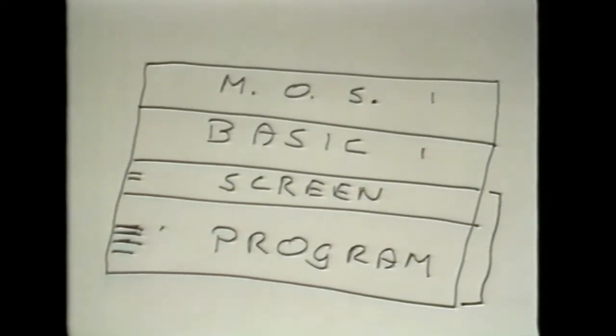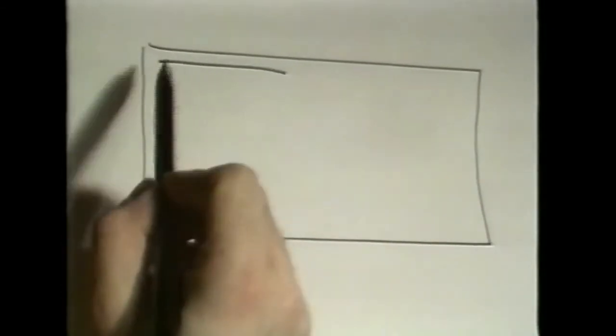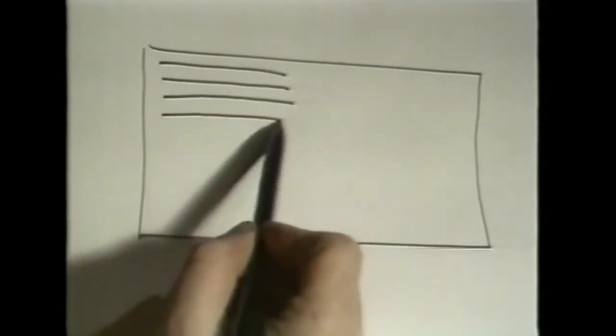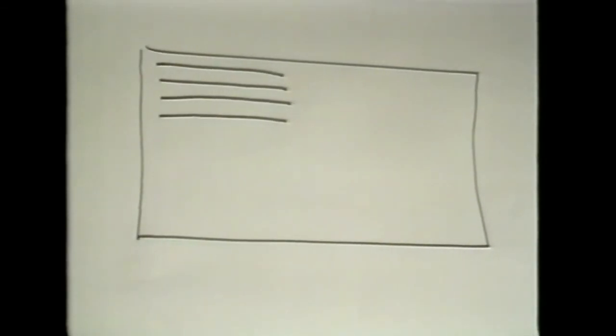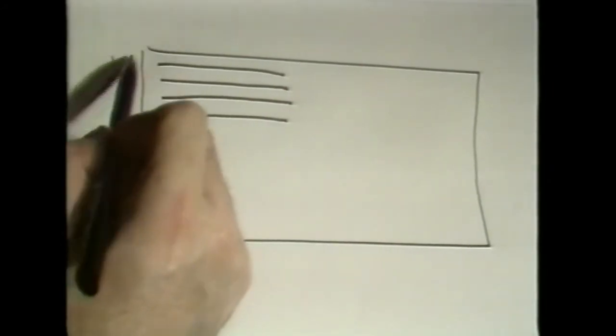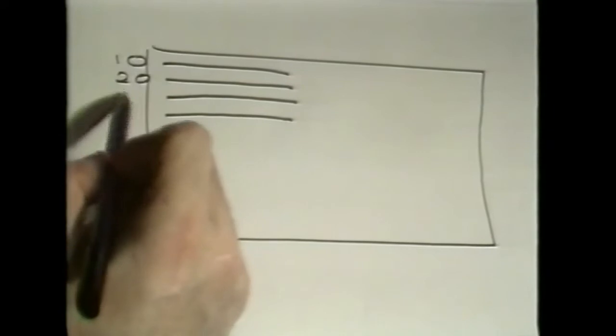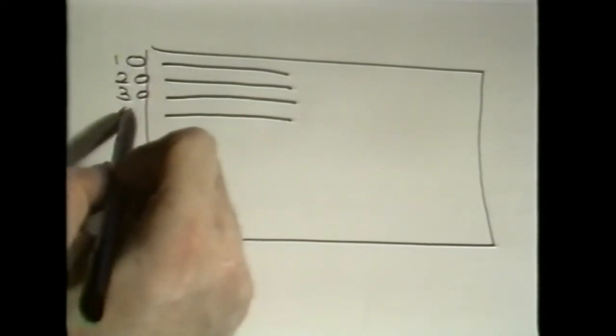Now, let's look in a little more detail at what happens inside that program area. Your program will be written as a series of lines of coding, as a series of statements. And every one of those statements is going to be numbered. For example, we might number them 10, 20, 30, 40.